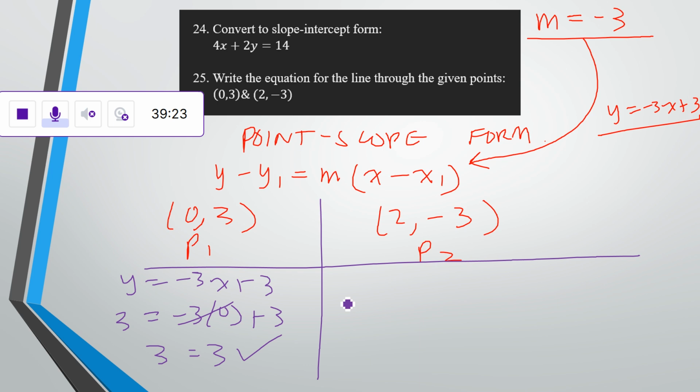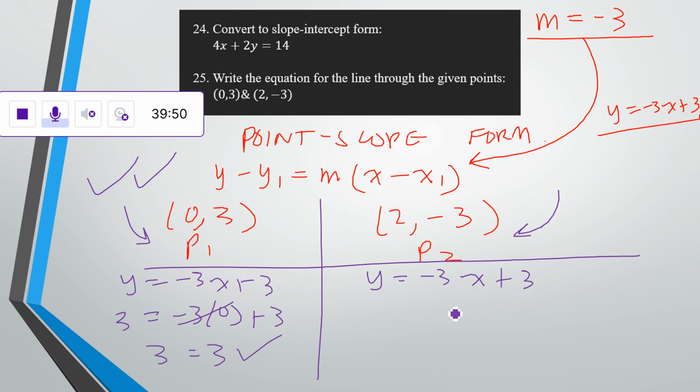But now we have to check point 2. Point 1 will always work, no matter what kind of question it is, because that's the one you use, right? So the more important one is point 2. This is make or break. If this doesn't work, then you did it wrong, but if it does work, then you are absolutely correct. So let's take the same equation, y is equal to negative 3x plus 3.